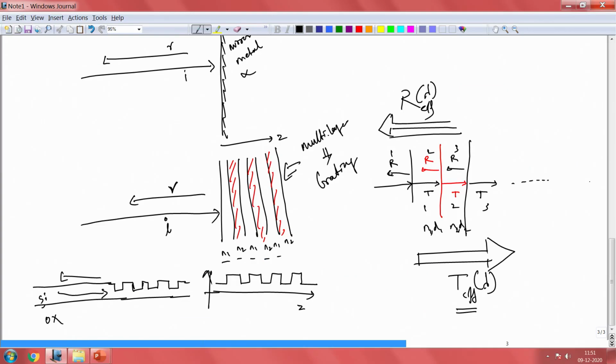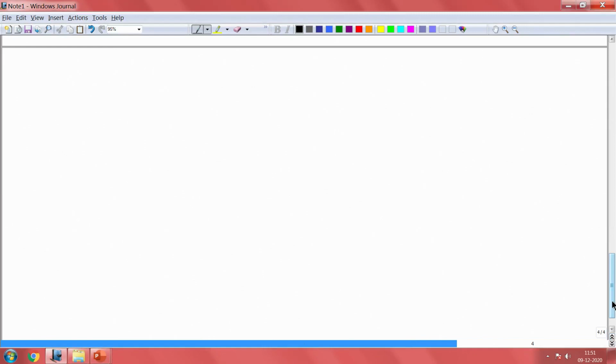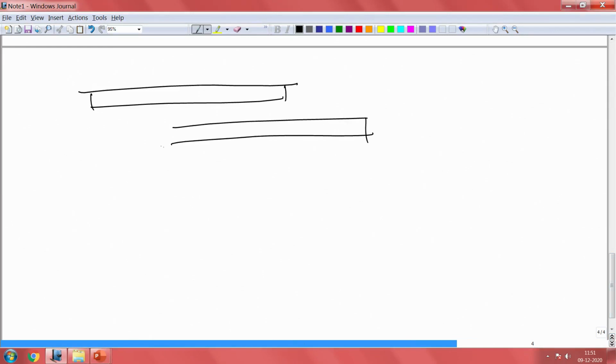So, let us quickly look at how this crosstalk is going to help us. So, I have a waveguide here, and then if I have another waveguide coming close to this, this is where I could have crossing of power between these two waveguides, because they are very close to each other. Similarly, when I come from this side, I can couple light from here to here.